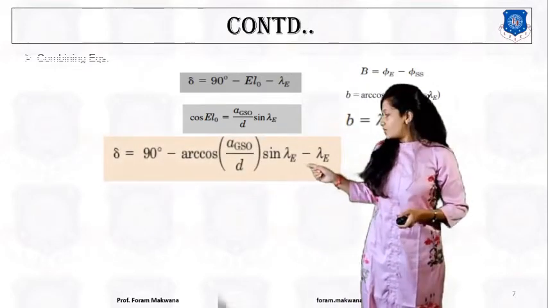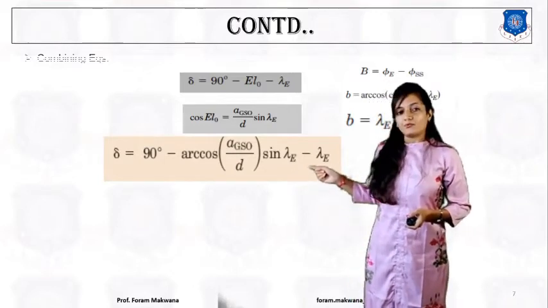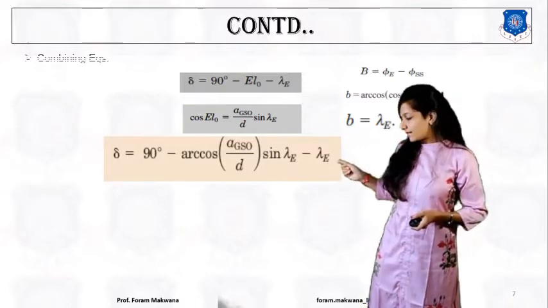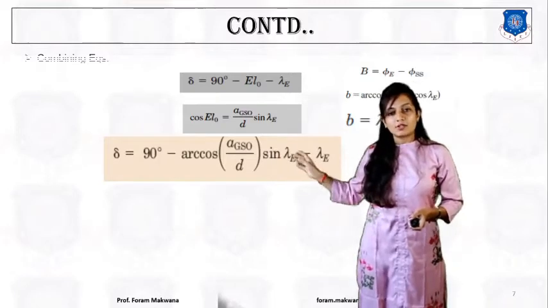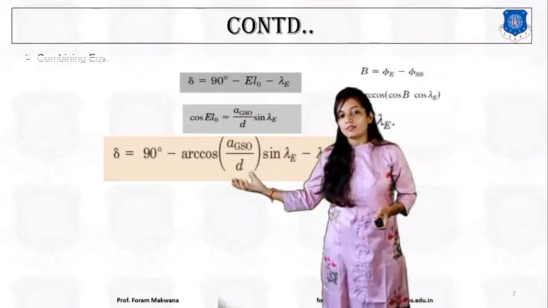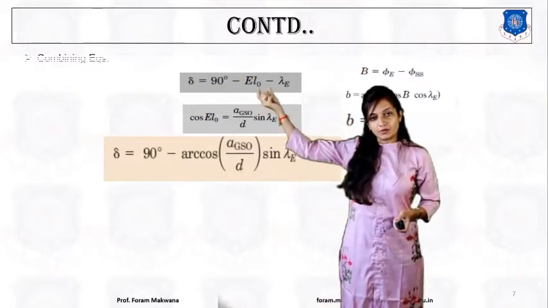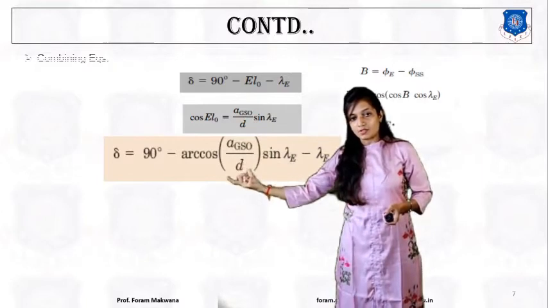So the final expression for the angle of tilt is 90 minus cos inverse of AGSO upon d into sin lambda e, minus lambda e. The remaining expression is as it is; I have just replaced the value of elevation angle EL0 with this expression.